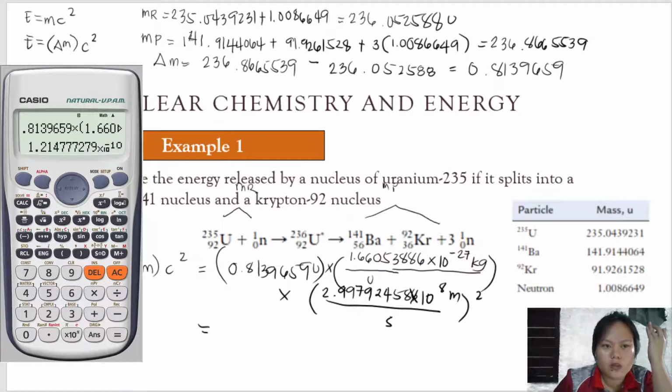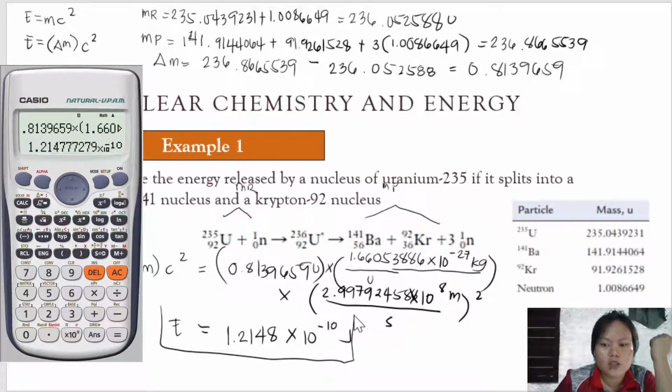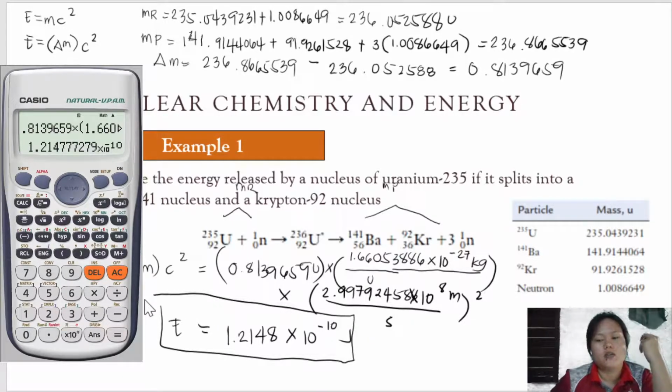That's 1.2148, I'll settle with 4 decimal places, times 10 raised to negative 10 joules. Since no unit was specified, I would be using the major unit for energy, which is joules. So that would be 1.2145, times 10 raised to negative 10 joules.